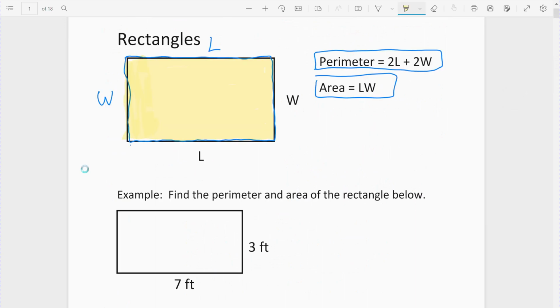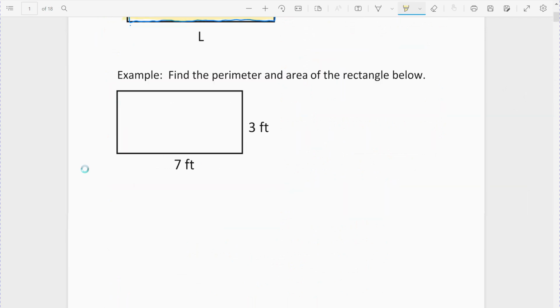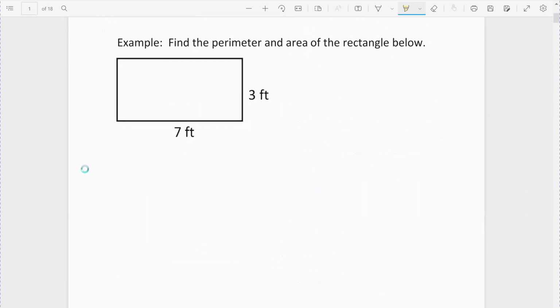Alright, so the first formula is the perimeter and area of a rectangle. The perimeter is the distance around. And so, again, remember the length and width. There are two of them. This side has a length 3, this side has a length 7. And so if you wanted to find the perimeter, I'm going to use capital P for perimeter, you could just add them all up. 3 plus 3 plus 7 plus 7 would give you the same answer.